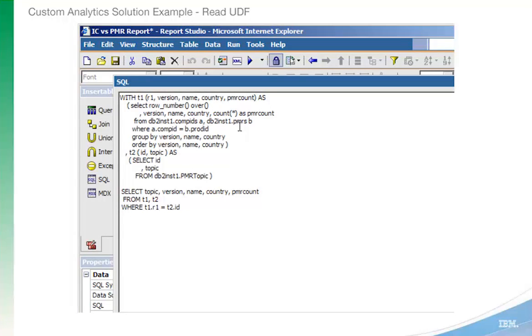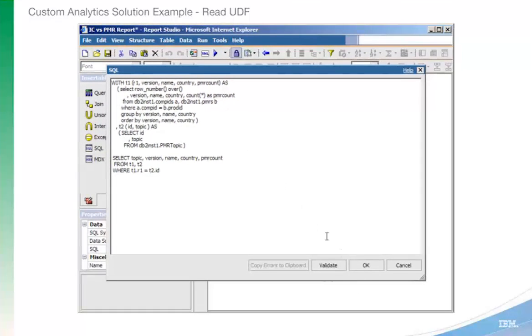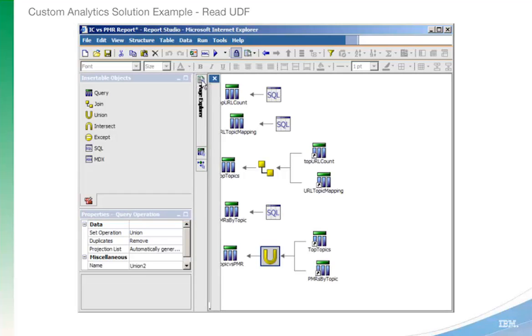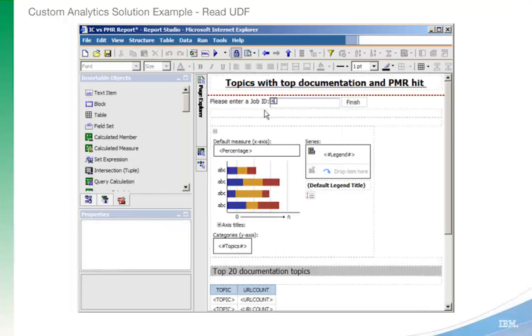We query the PMR table and list the hot topics that cause customers to frequently call customer support. We want to combine the product documentation hot topics and the topics with a high PMR rate. Once we have all of the relevant data ready, we use a report to graph the result for easy visual analysis.